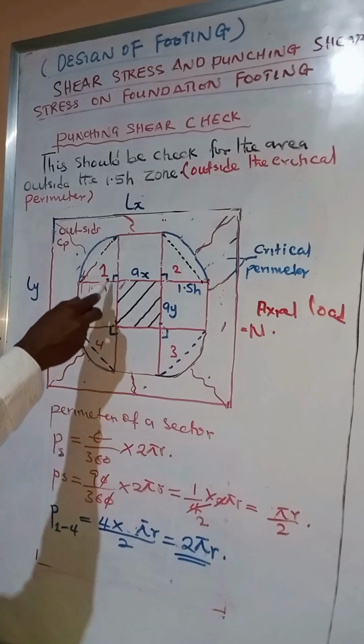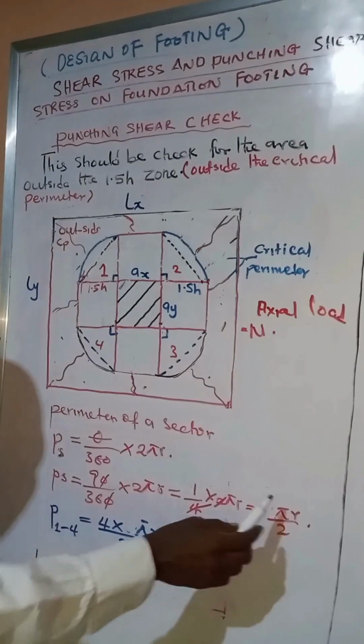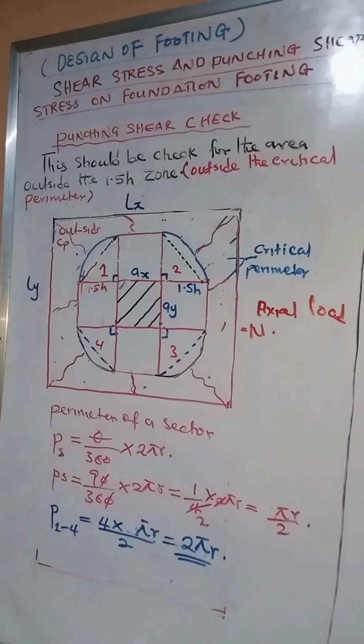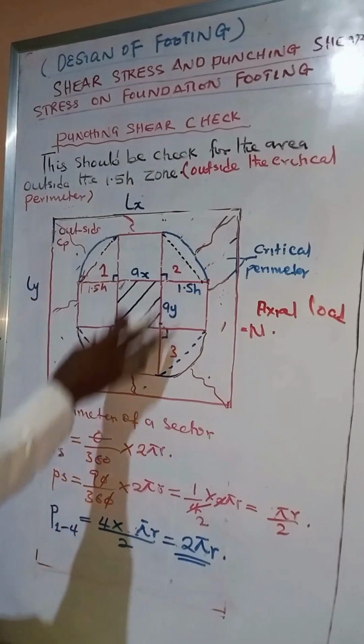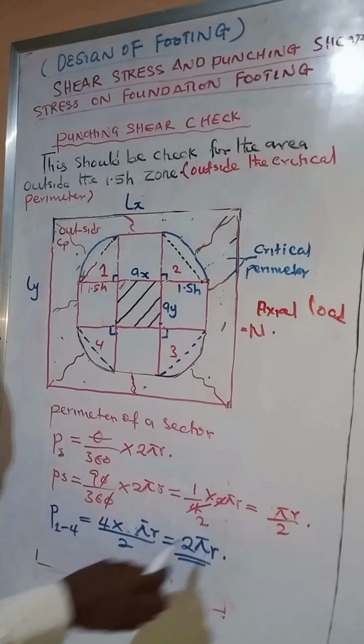If we solve this, it is at 90 degrees, so this expression becomes pi r over 2. Now that is for one of these sectors. You can see from the board we have 4 sectors, 1, 2, 3, 4, so we are going to multiply to get the total perimeter.